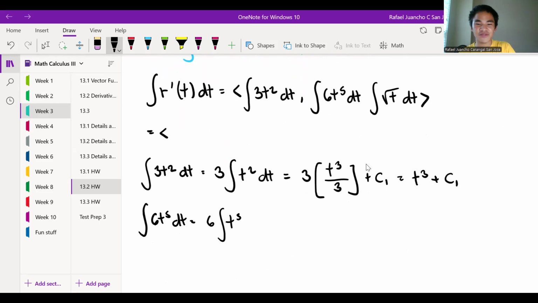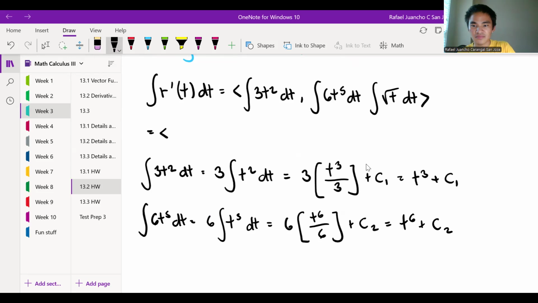Honestly, this is also a review for me for integrating because I kind of forgot it a bit after only having done it for like 3 weeks ago. Then I got 6 t to the 6 over 6. Oh, look at that. I got t to the 6 plus c2, some constant. Then here we get t to the 6 plus c2.